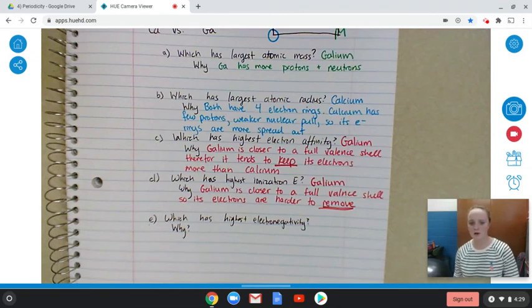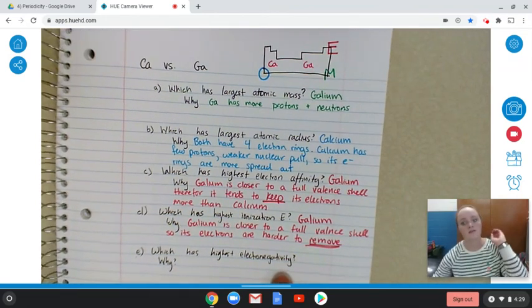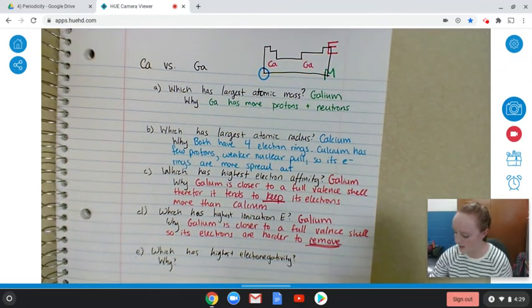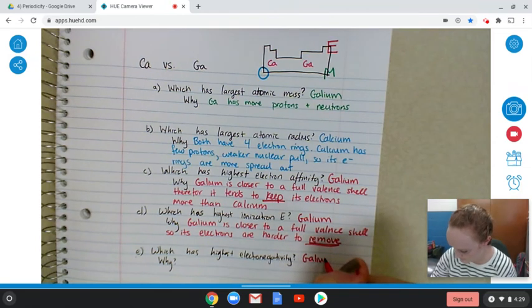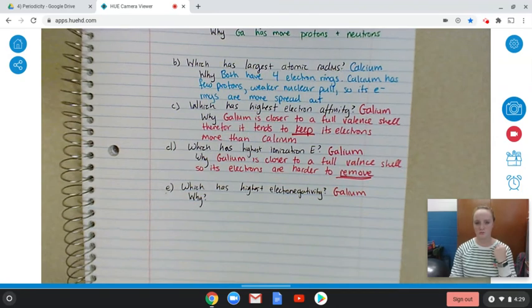All right, last one, which has the highest electronegativity? Well, same pattern, same extreme, still going to be gallium. But now we're changing our focus, we're changing our buzzwords.